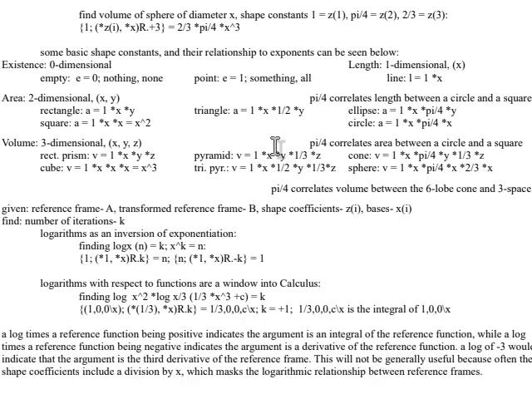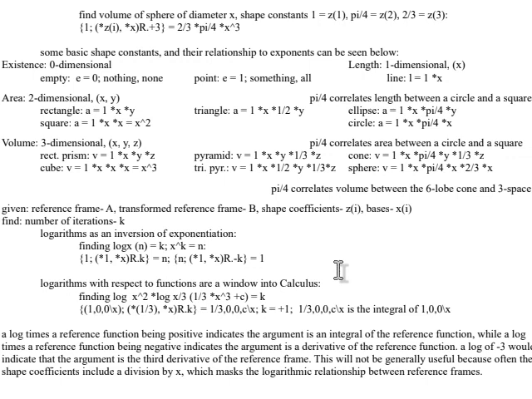If instead we are given the transformed reference frame, the initial reference frame, and the shape coefficients in the base, then the thing that we're finding is k, the number of iterations, and that means we're taking logarithms. And when we do that with respect to functions, that pretty much just gives us calculus, right?